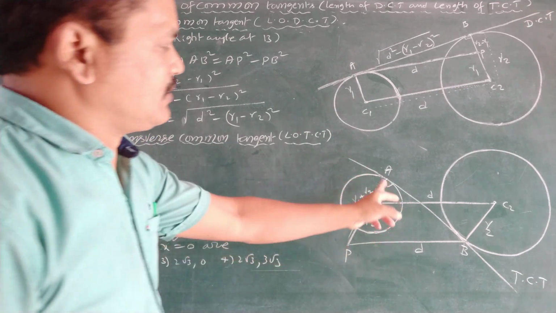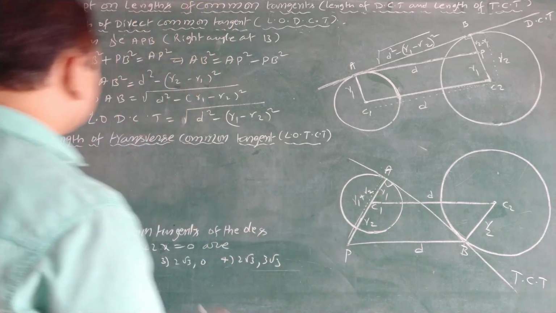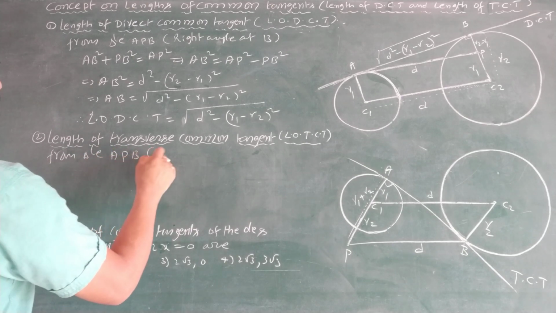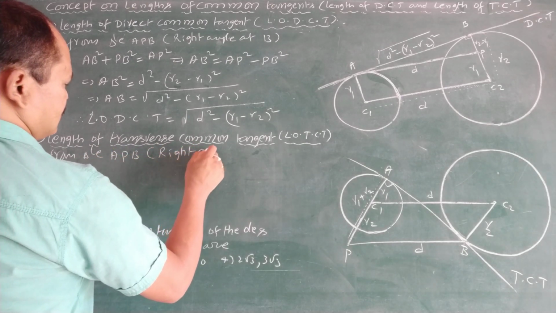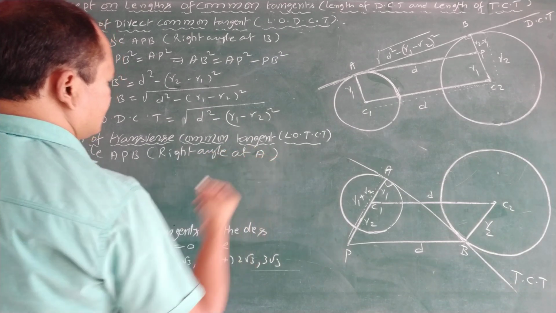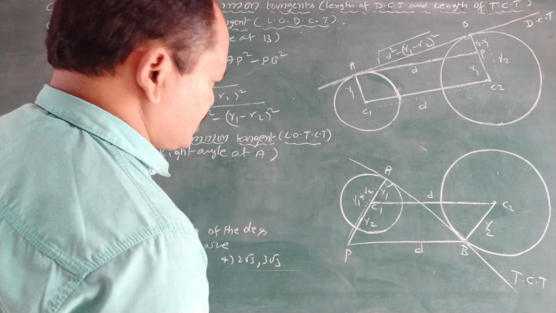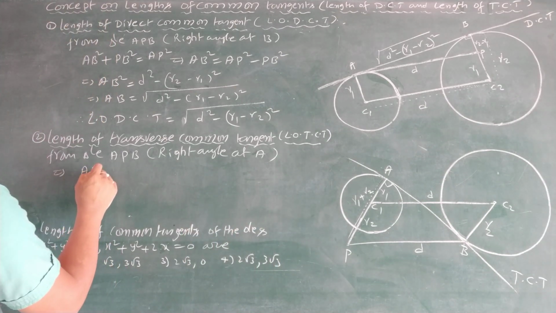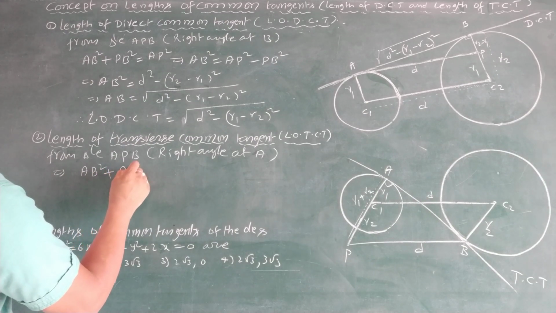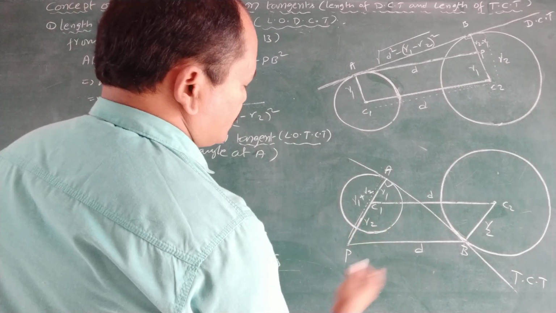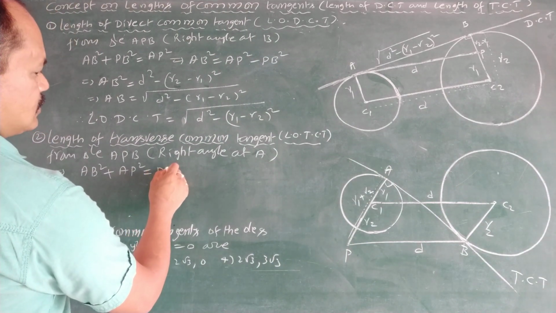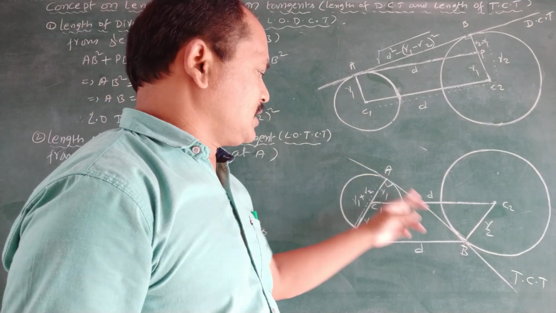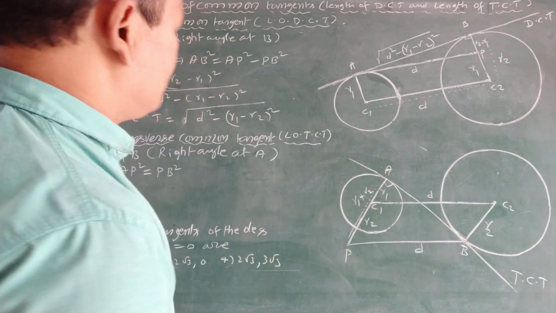Now from triangle APB, where right angle at A, from the Pythagoras theorem, AB square plus AP square is equal to PB square.